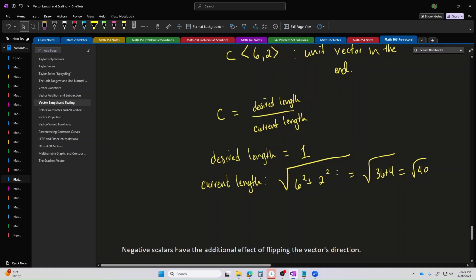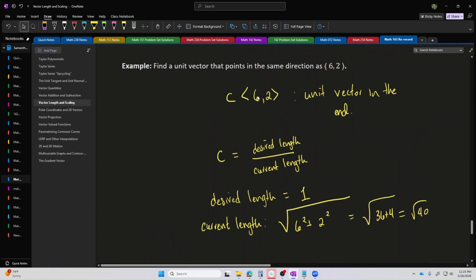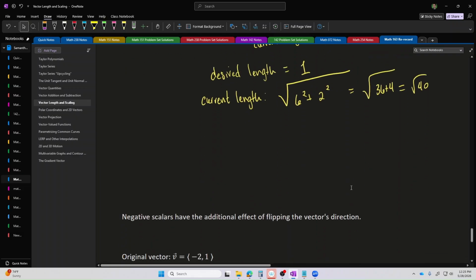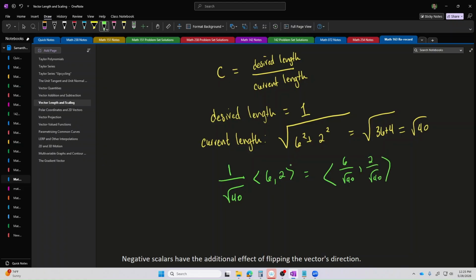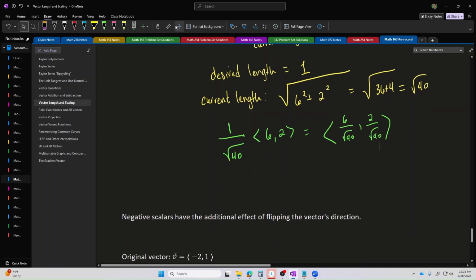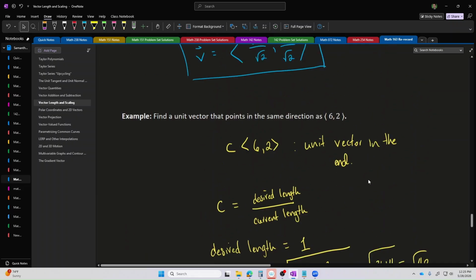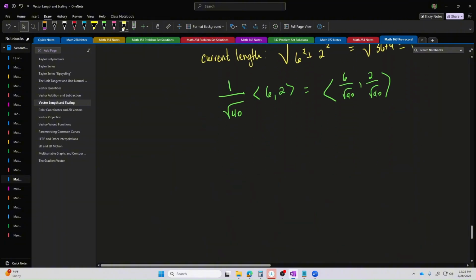So now, using my desired length and my current length to build the scalar c that will turn this guy into a unit vector, the length I want is 1, the length I have is square root 40, that's being applied to 6 comma 2, so that's giving me the vector 6 over root 40, 2 over root 40. This is now a unit vector, a vector of length 1 in the same direction as 6 comma 2.